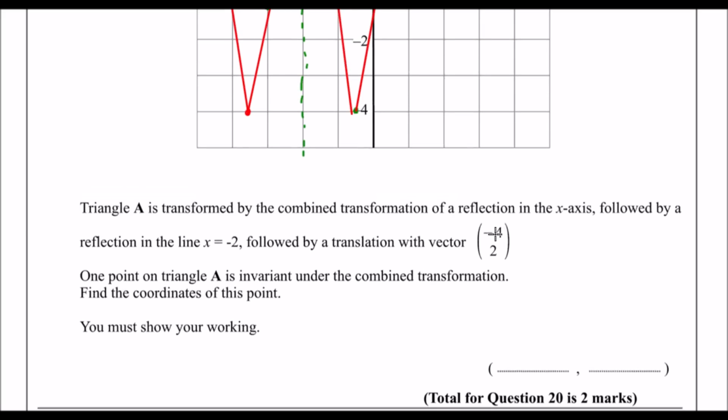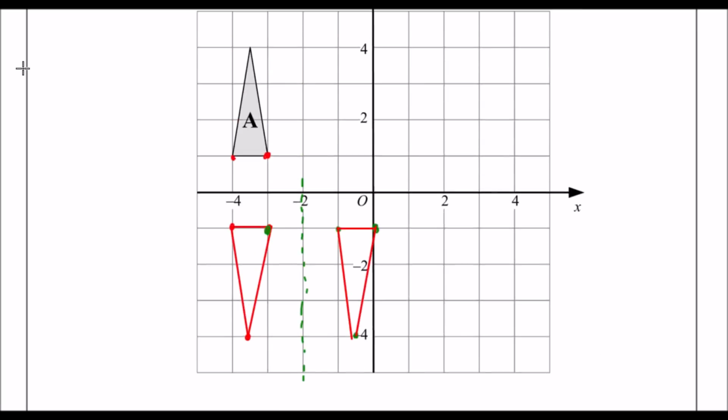So the first one is the x change, then the bottom one is the y change. So left 4, up 2. So then we take our triangle to the left 4, 1, 2, 3, 4, up 2. So it becomes that triangle.